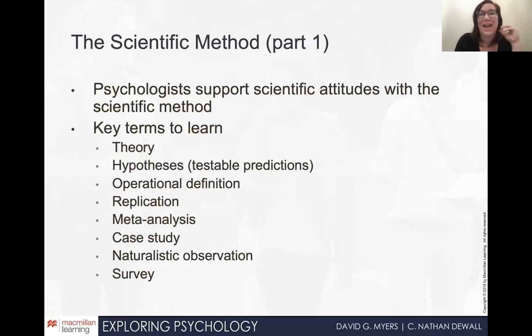where we could not ethically create those circumstances. We have also naturalistic observation, and this is where you just sit and watch. So people watching, if you go to a store or a coffee shop and you just sit and watch people, you're participating in naturalistic observation. You're seeing what's happening. Then you also have survey research.